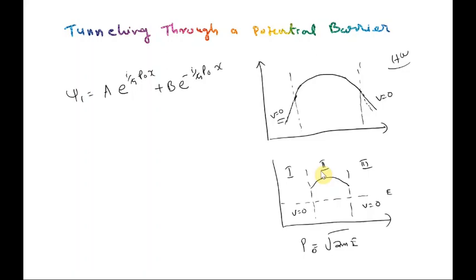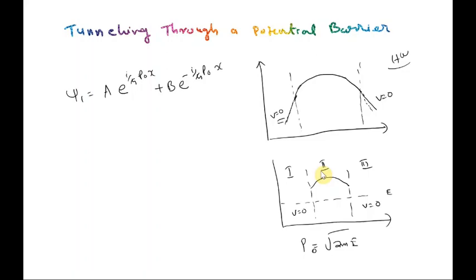However, quantum mechanically, if we have a finite size for this potential, there is a certain probability that the particle can be seen in region 3. So this process is known as tunneling, and we know alpha decay is a clear example of such a tunneling.